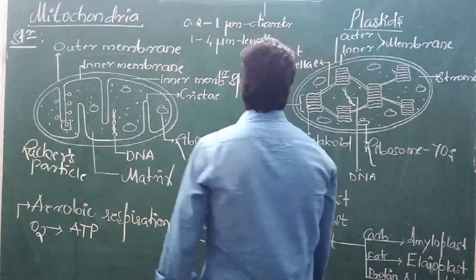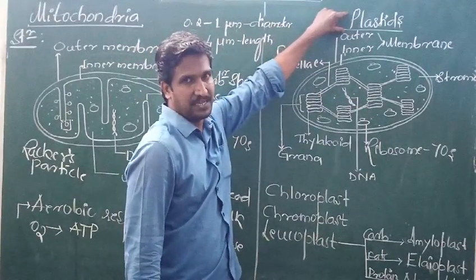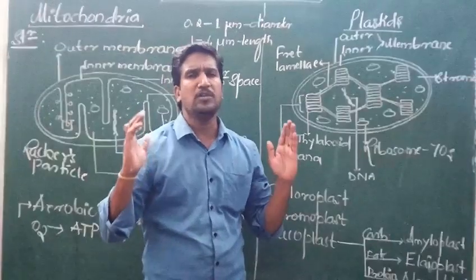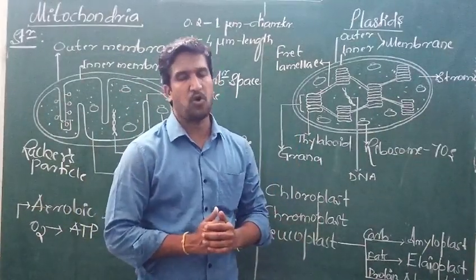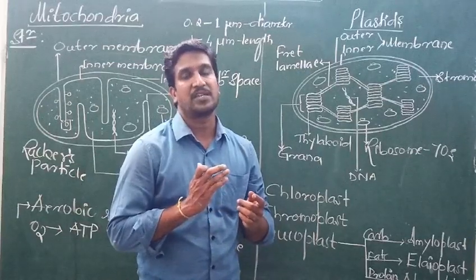Whereas the second cell organelle is called plastids. These plastids are present mainly in all plant cells, except the other kingdoms.